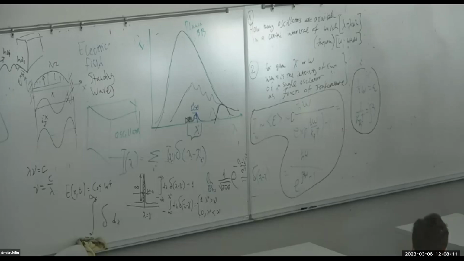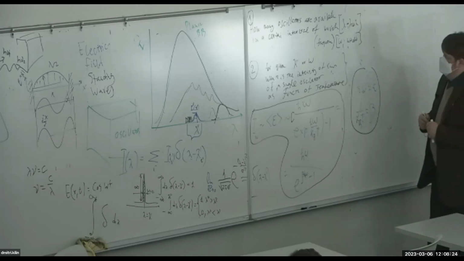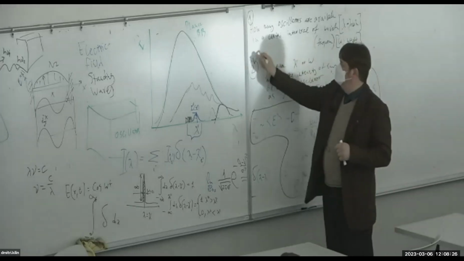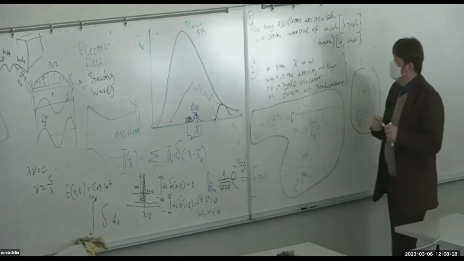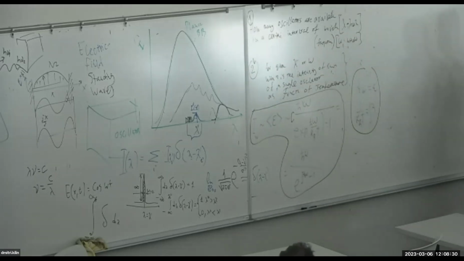So we are on the same page, and we were 50% done a week ago. We just need to consolidate these two things. So this one is done. And now we need to answer how many oscillators are available in a certain interval of either wavelengths or frequencies.